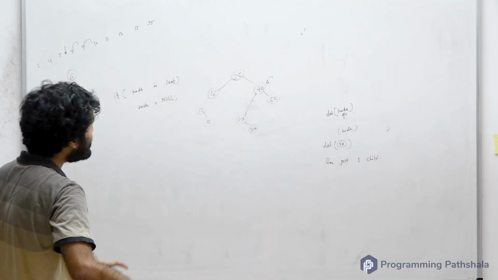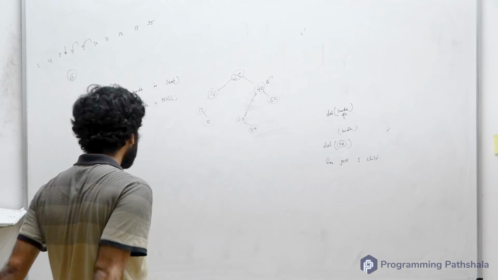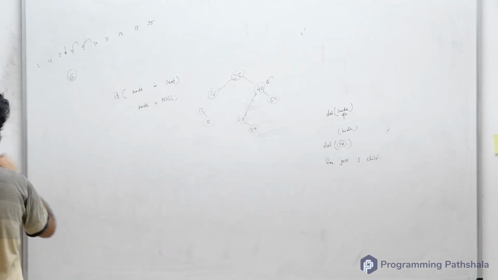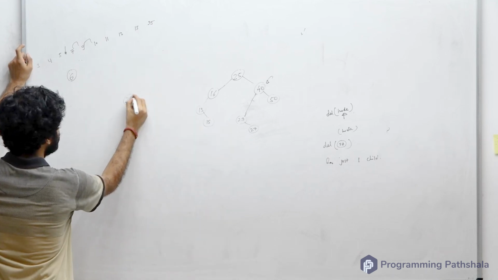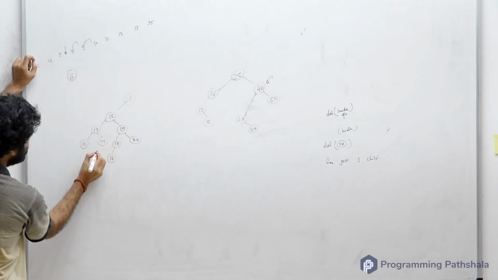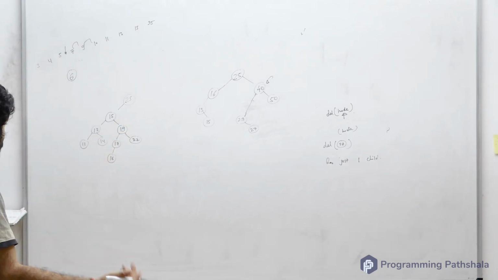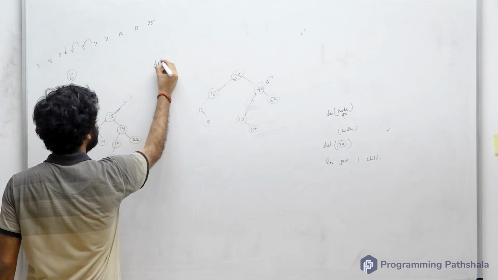Now let's take the tricky case where the node to be deleted has a left subtree as well as a right subtree. So let's say you have something like this, 25, 15, and then a 14. So this is what you had. Let's say somebody wanted me to delete 15.